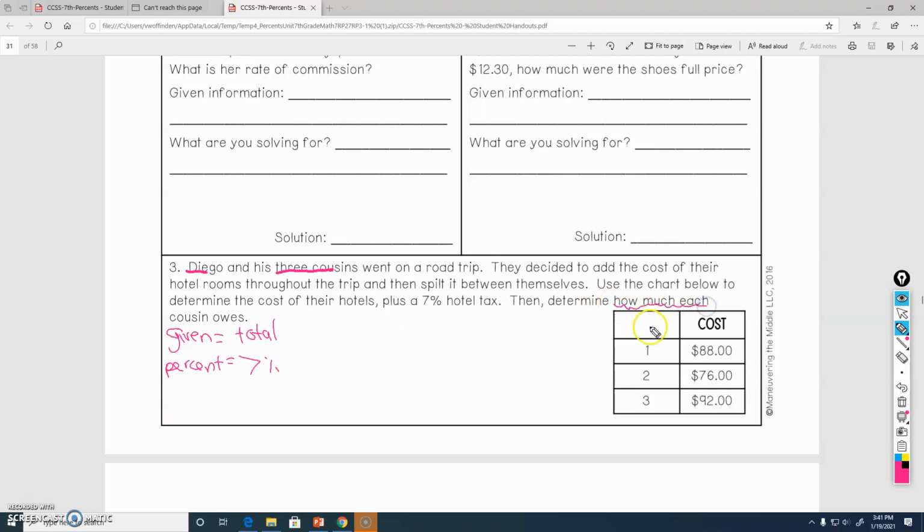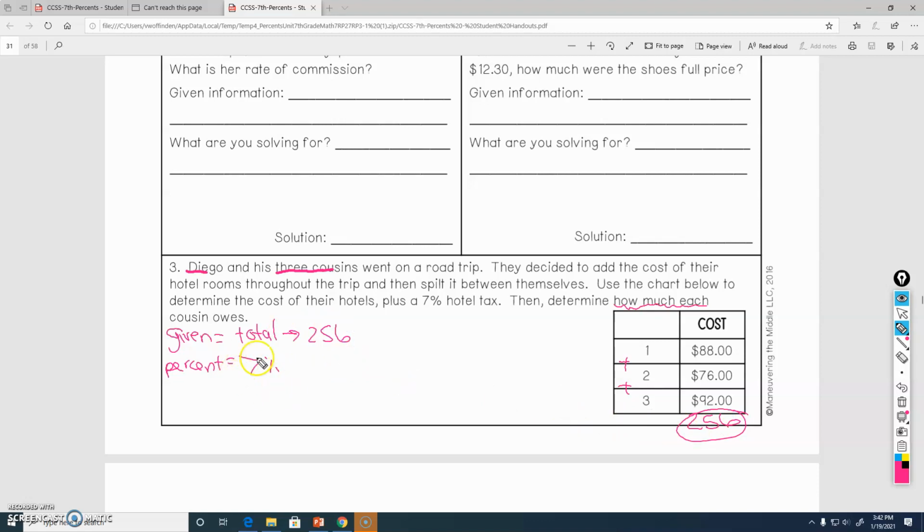So I'm just going to underline that for now. To figure out the total cost, let's add all of these. When I add 88 plus 76 plus 92, we get $256. So that's the total, 256.